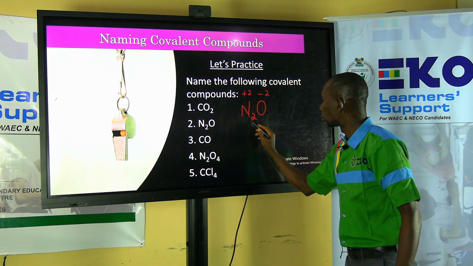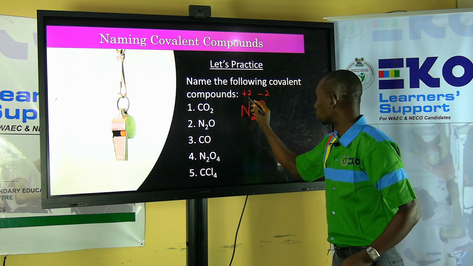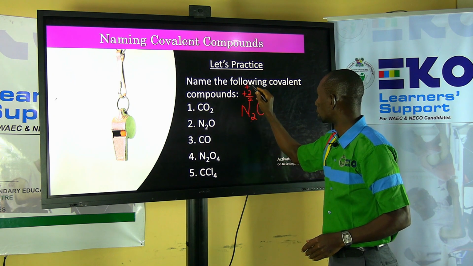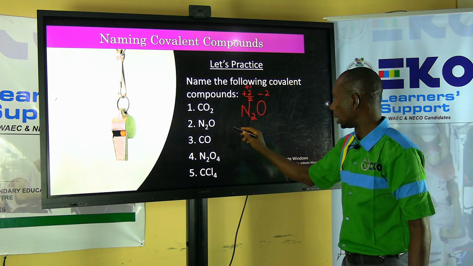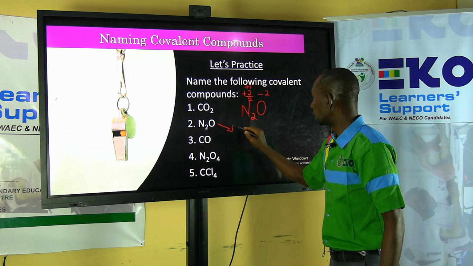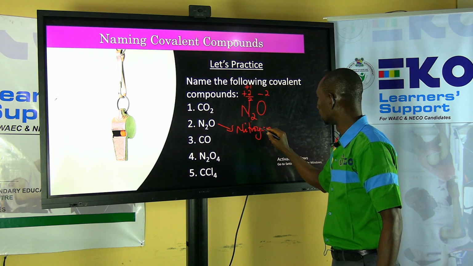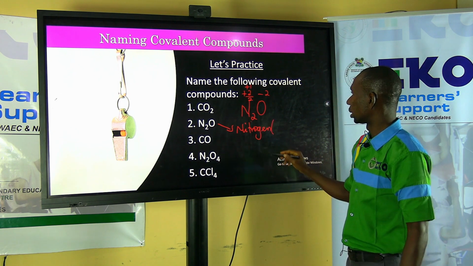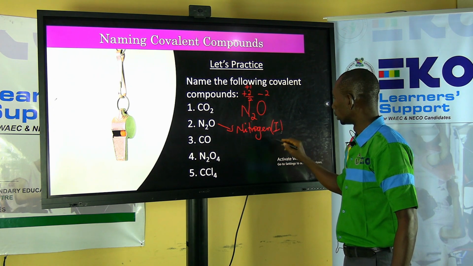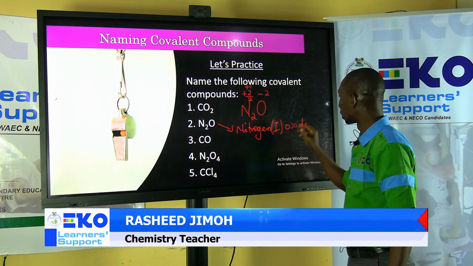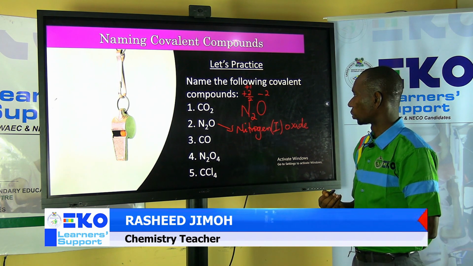But don't forget, there are 2 atoms of nitrogen here, and so you'll be dividing that by 2. So the nitrogen here is going to be +1. So the name of this compound is nitrogen, that's the first element, in parentheses, nitrogen what? 1, in Roman numeral, oxide: nitrogen(I) oxide.